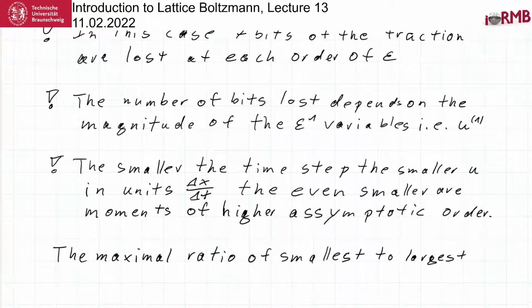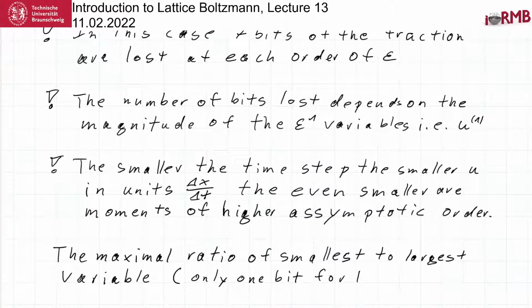So the largest variable is, of course, rho 0. And this we do by assuming that there's only 1 bit left to represent the smallest variable, which of course is completely nonsense. Yeah, so this would be a disaster, but let's take it for this discussion.